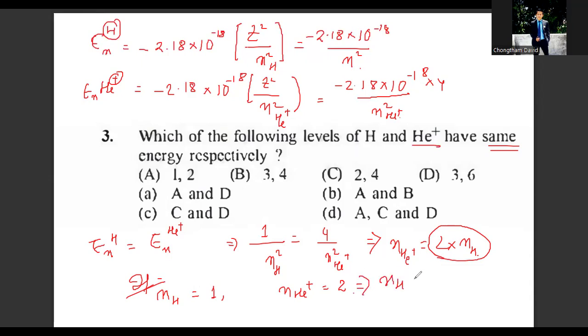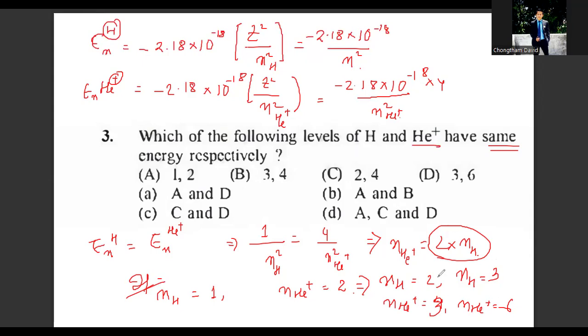And if nH is equal to 2, helium plus would be in the fourth shell, and so forth. If the orbit in hydrogen is 3, helium would be in the, sorry, not the square of 3, but the multiplication of 3 into 2, which is 6.